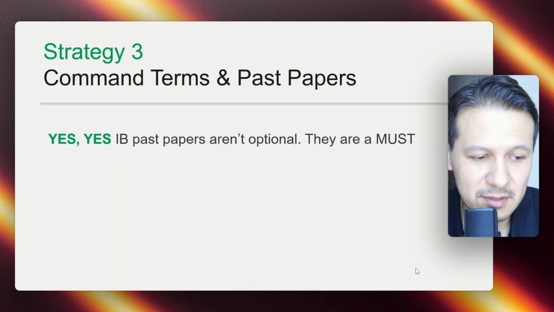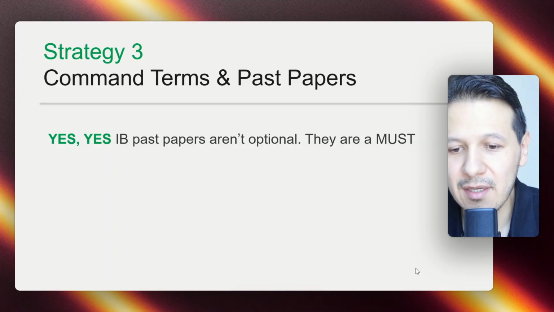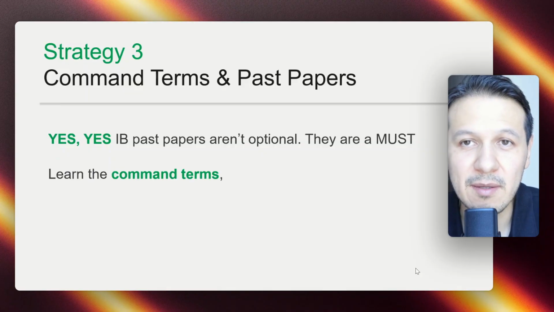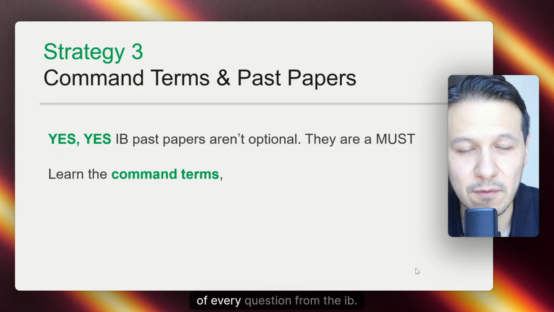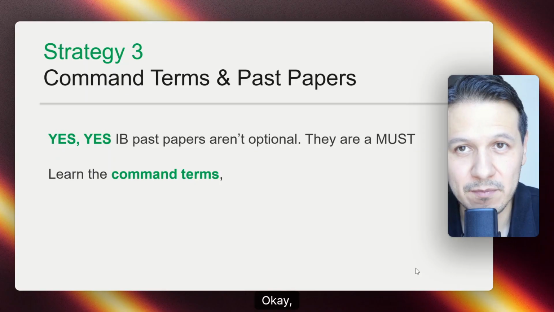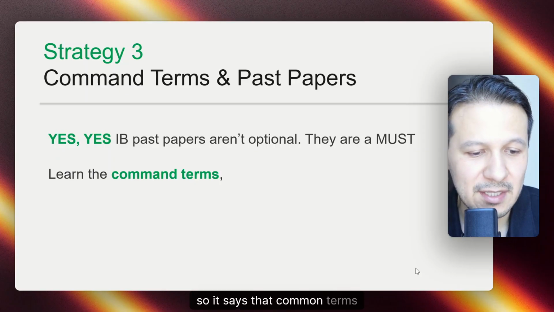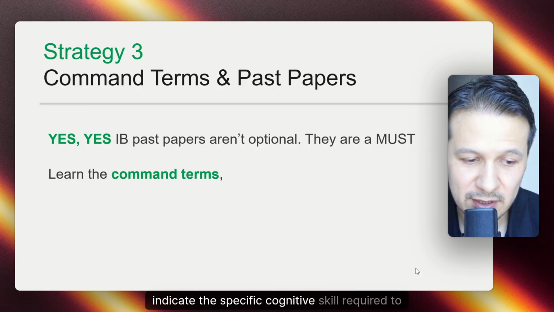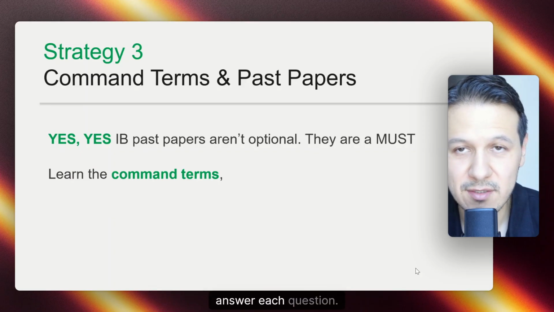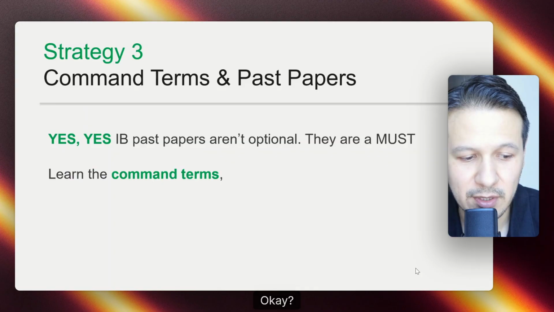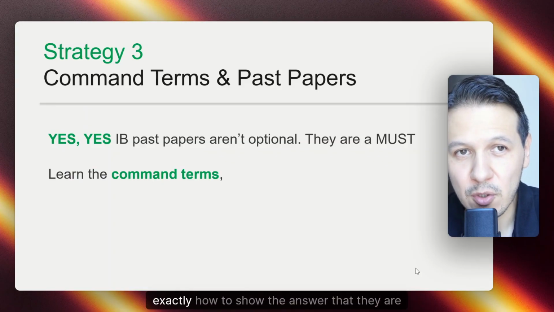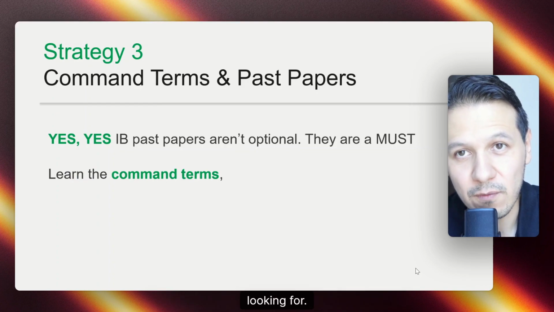So I will read the definition here. Common terms are the first part of every past paper question, of every question from the IB. It says that common terms indicate the specific cognitive skill required to answer each question. So when you understand the common terms, you know exactly how to show the answer that they are looking for.